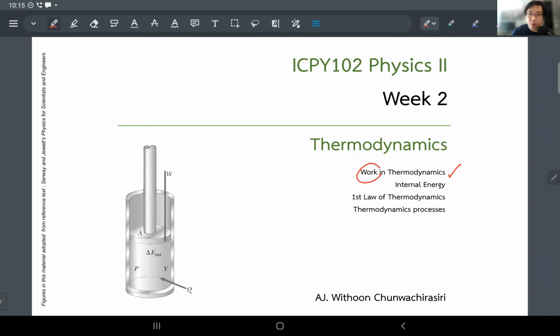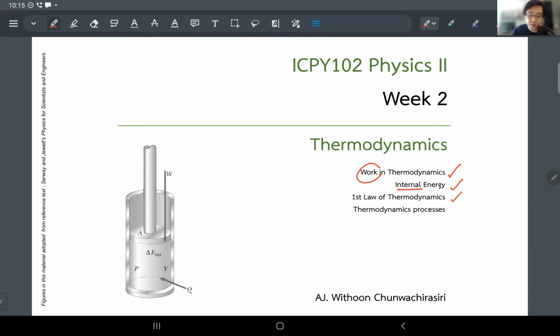Once you have that, we're going to bring back our old friend, energy, and give it a specific name in thermodynamics. We're going to call it internal energy. Once we have that, today you're going to have a chance to see what is meant by the first law of thermodynamics.